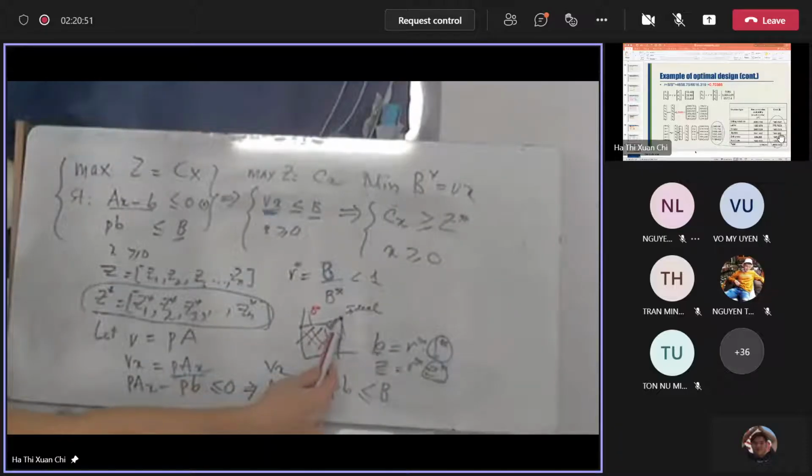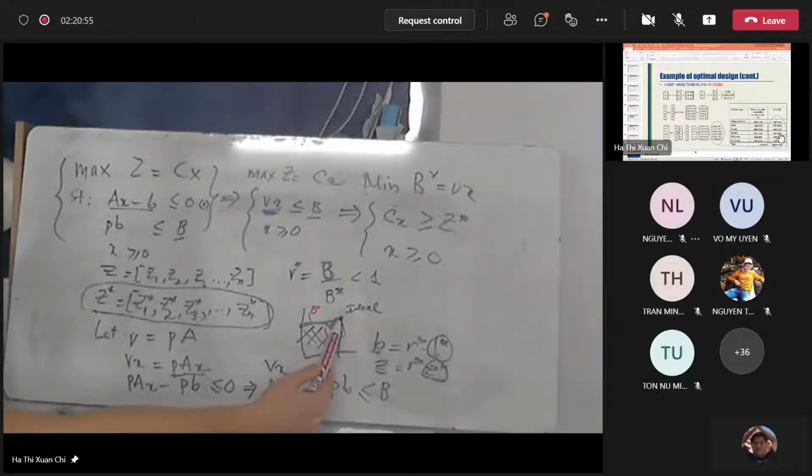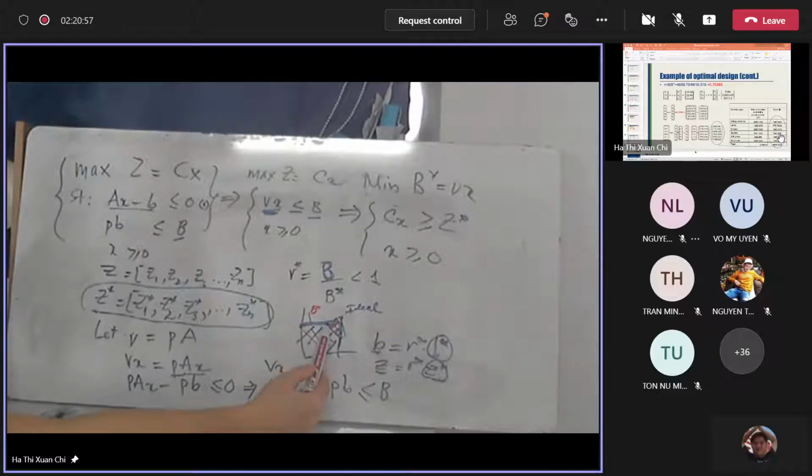You must relax some constraints. You cannot reach that point without relaxing constraints. Remember that.